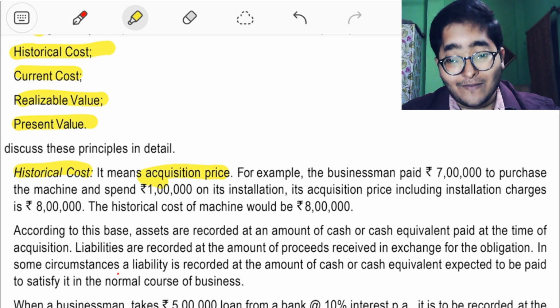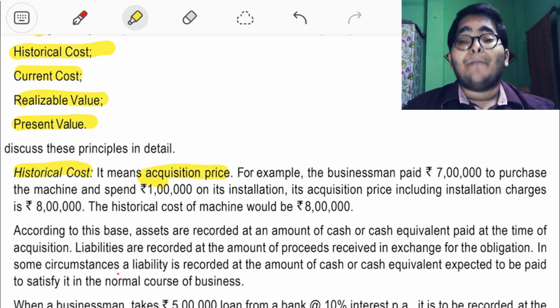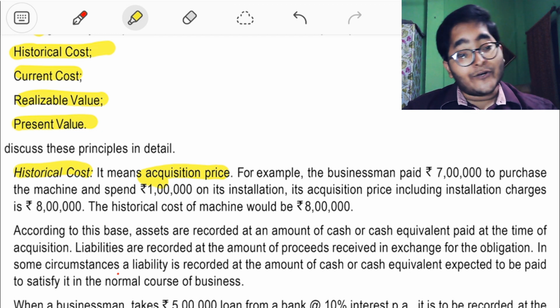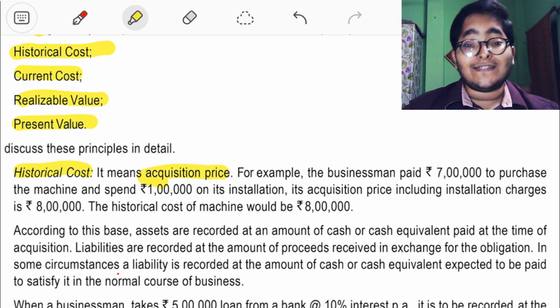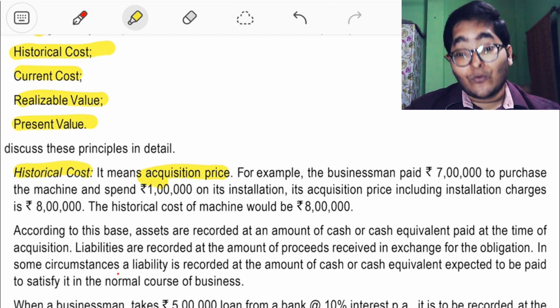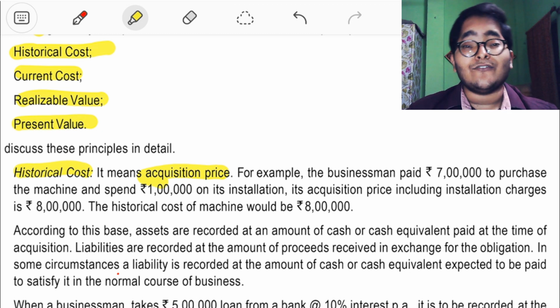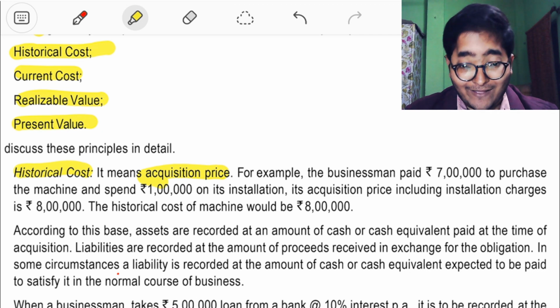For example, the businessman paid rupees 7 lakh to purchase the machine and spent rupees 1 lakh on its installation. Its acquisition price including installation charges is rupees 8 lakh. The historical cost of the machine would be rupees 8 lakh.